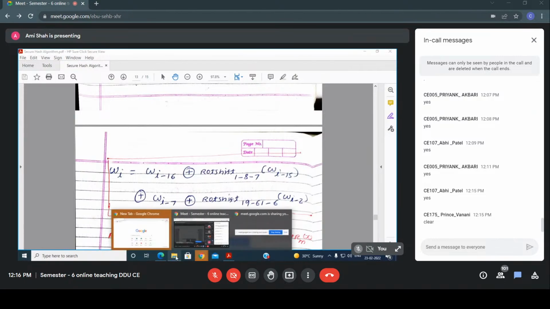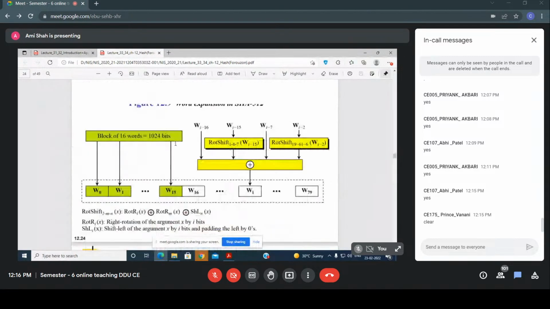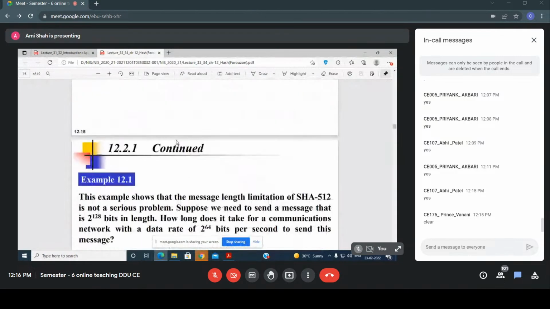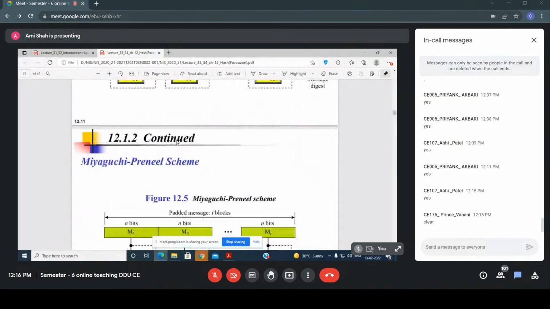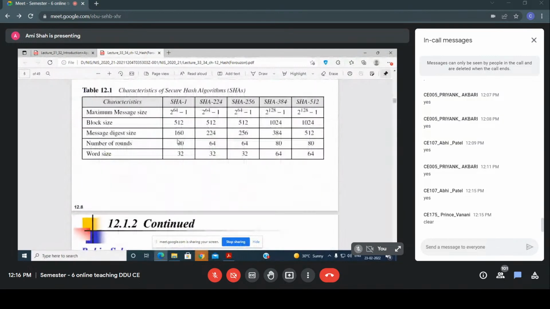Now the next thing I want to explain. Also, this is the SHA 512 material from your book. I will provide you this material, so you can go through both my material as well as this PDF.